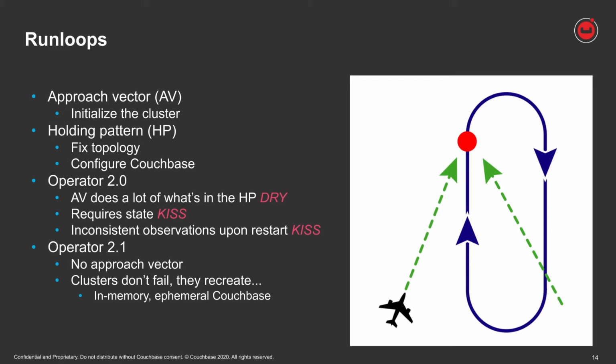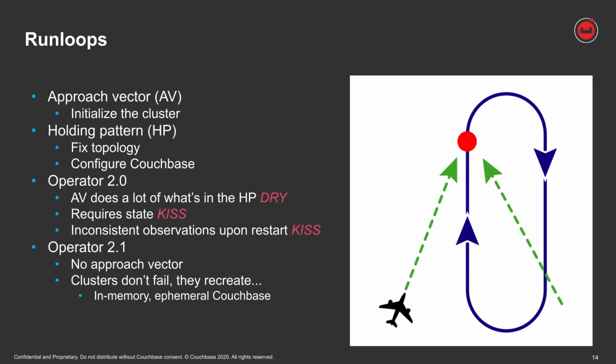Are the settings correct? The problem with this is the approach vector had some code that did things like bringing up services, and we also have to reconcile them in the main run loop anyway, because we don't want them changing. If your main service disappears, then you'd lose DNS and wouldn't be able to talk to anything. That's code duplication, and that's not keeping it simple, stupid. That's not what we want.